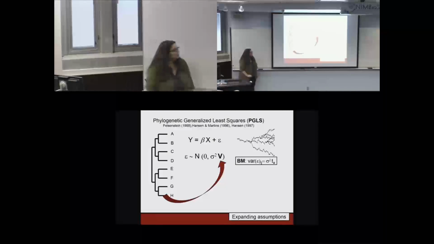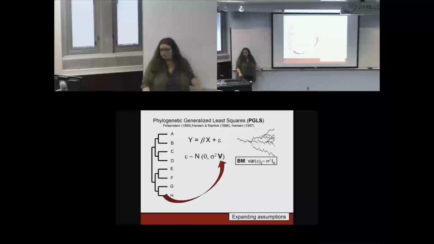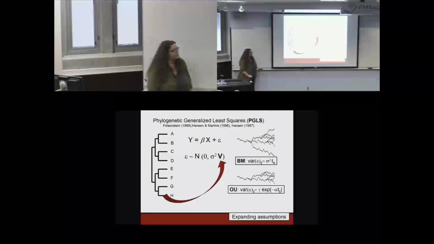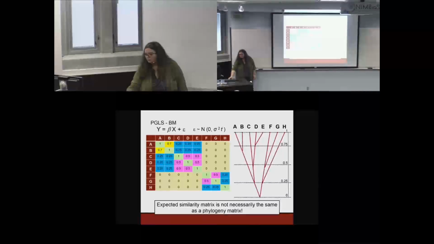Okay. So what we do with PGLS is that we're changing, again, this V matrix. That's where the phylogeny goes in Brownian motion or in OU. We just use a different formula here that adds that alpha parameter. So again, this was the similarity matrix that we have for the BM model.